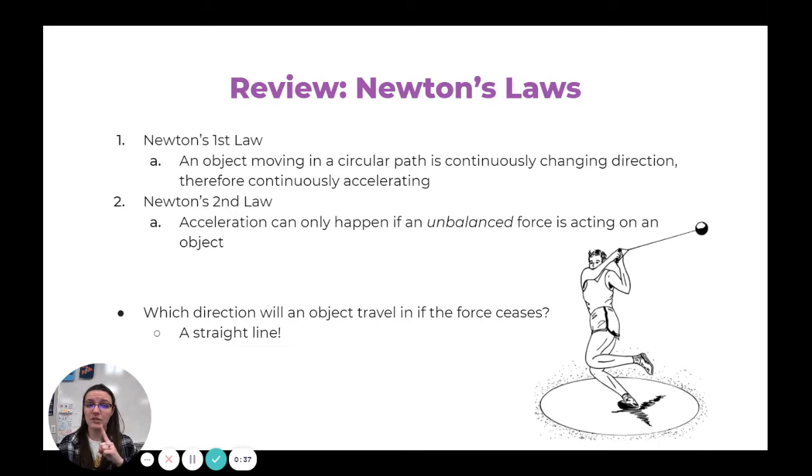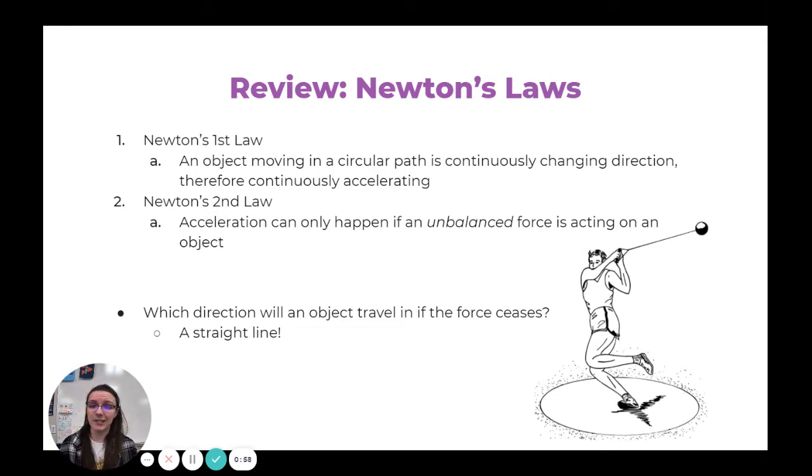Well, if I've got an object moving in a circular path, remember velocity is made up of both direction and magnitude. Which way am I facing and how fast am I going? So if I'm moving in a circle, the direction is constantly changing, which means that my velocity is constantly changing.